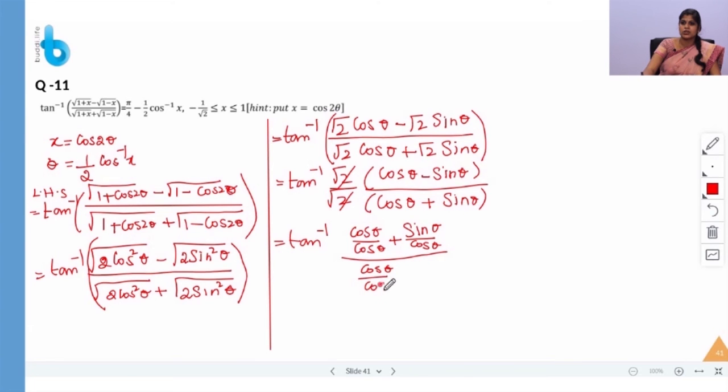Now see, cos and cos will get cancelled, and we have 1 in these places. So we will get the next step like this.